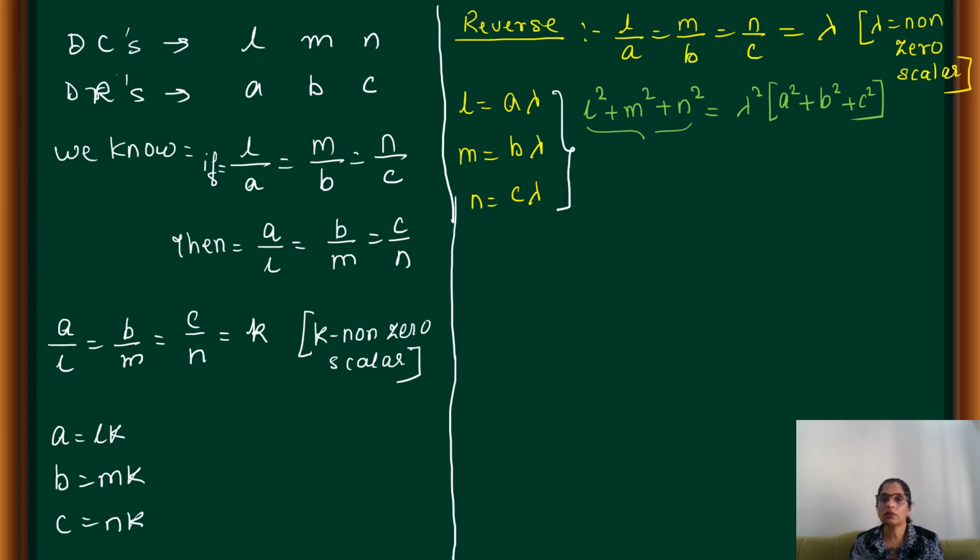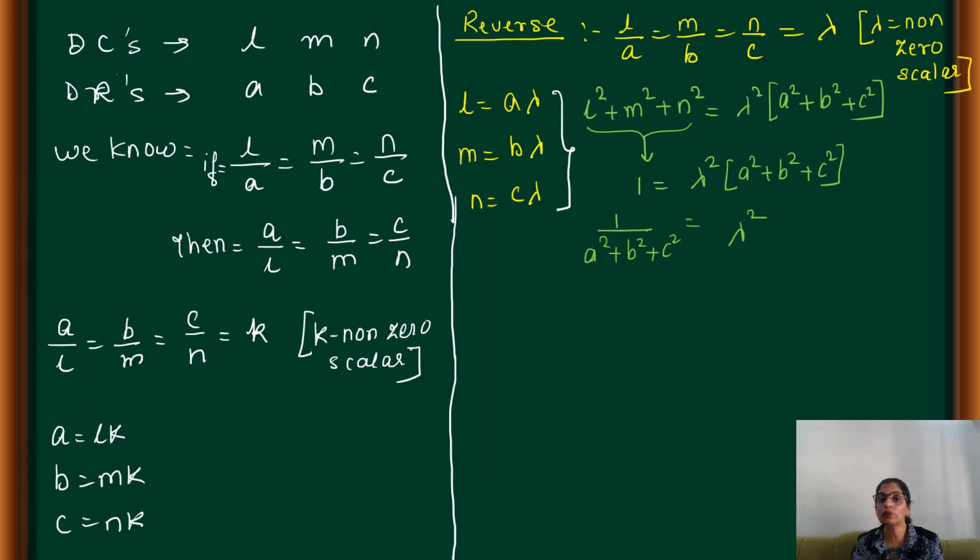We know this is equal to 1. Correct? We have already proved it before. This is a relation between the direction cosines of a line. So can I say 1 is equal to lambda square into A square plus B square plus C square. That means 1 by A square plus B square plus C square is equal to lambda square.